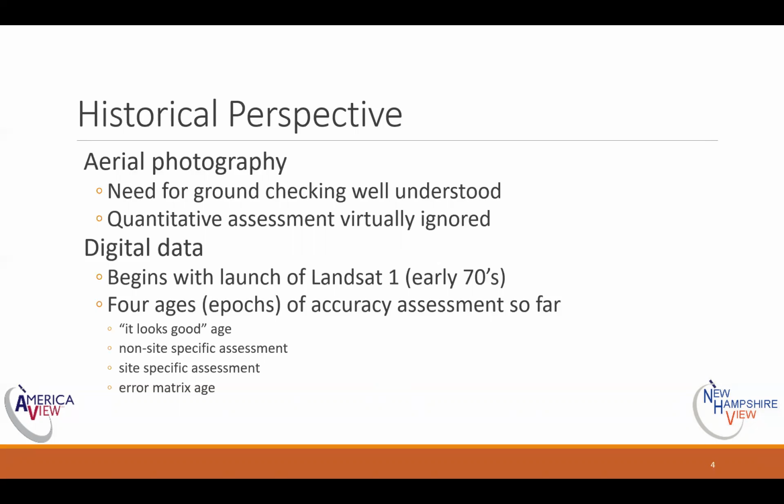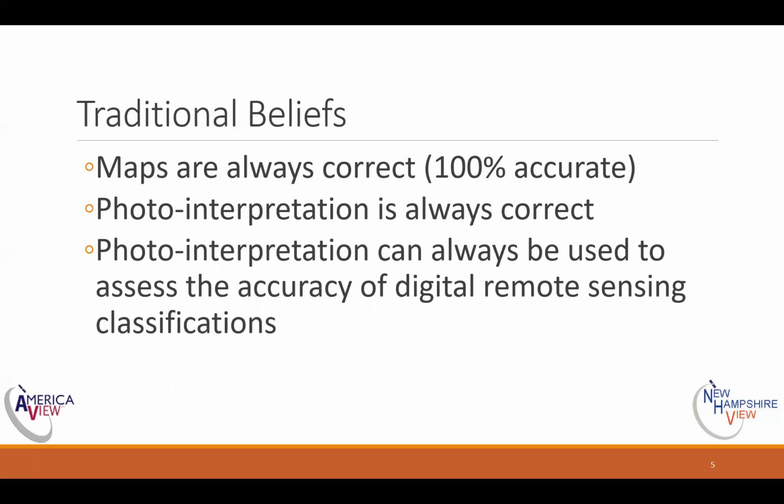And that got us into the site-specific assessment age. And now, for a long time, we've been in the error matrix age, where we're using the error matrix as our quantitative measure of seeing what's going on as far as thematic accuracy. It'd be time to move out of this age if somebody came up with a more clever way of doing this, but at this point, we're still in the error matrix age.